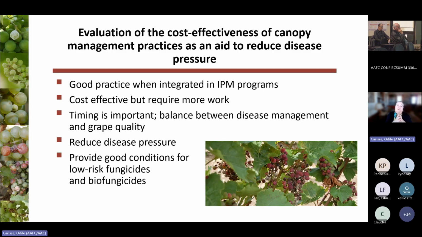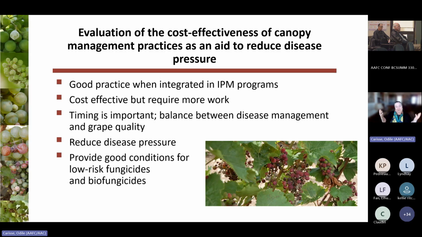However, I should also mention that we can get added benefit when we can measure the microclimate in the canopy. I showed at the beginning of the presentation the impact on the duration of leaf wetness. So the best value added is to do leaf removal and be able to measure the microclimate, mainly leaf wetness, within the canopy.